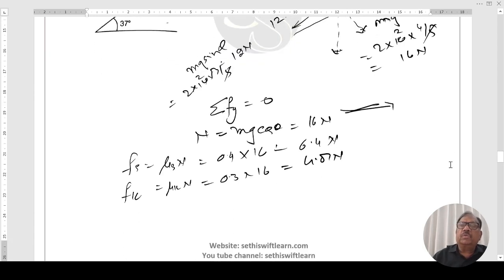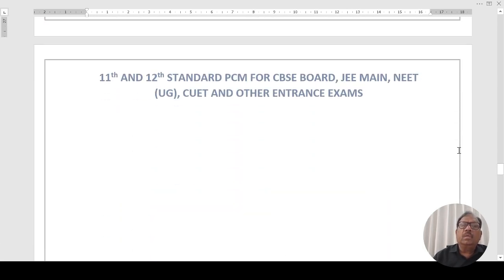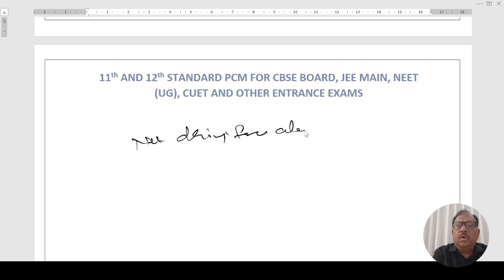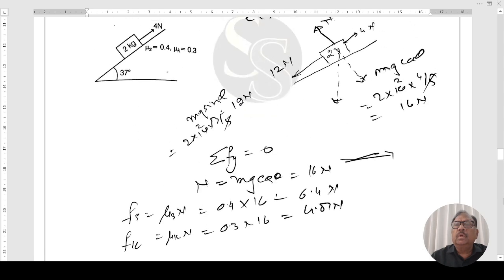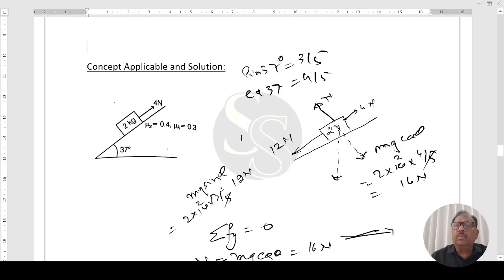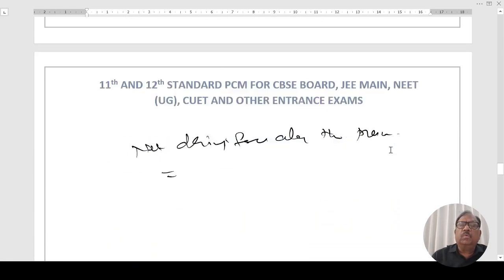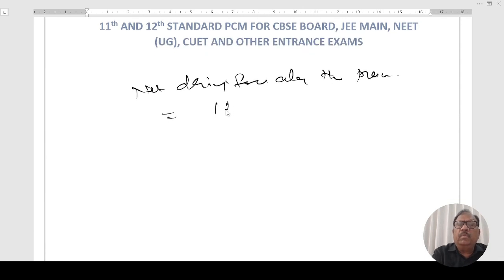Now, the net driving force along the plane will be equal to mg sin theta minus the 4 Newton force. So this comes out to be 12 minus 4, that is 8 Newton.